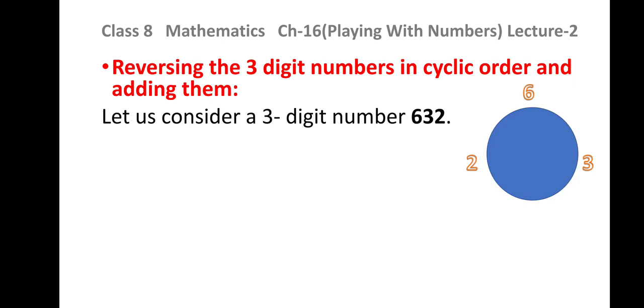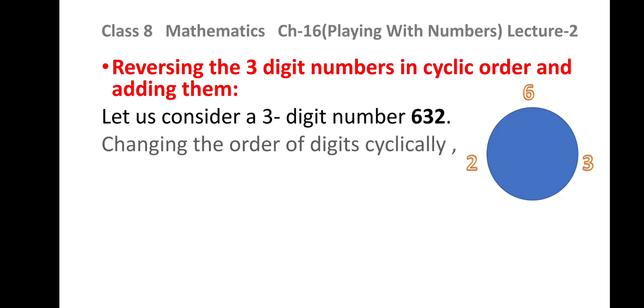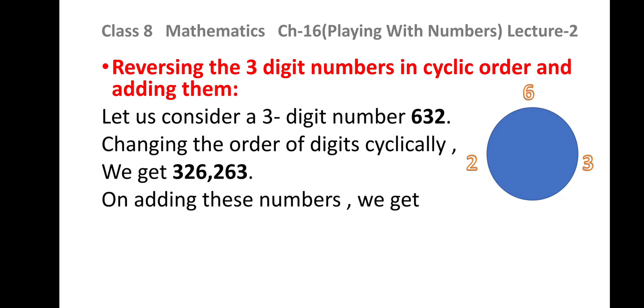The number is given to you as 632. Changing the order of digits cyclically means in the clockwise direction you are supposed to write the digits, like we get 326, 263.